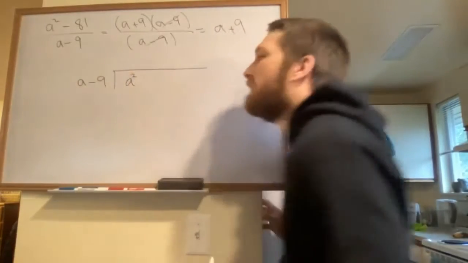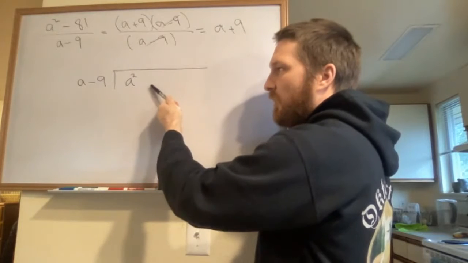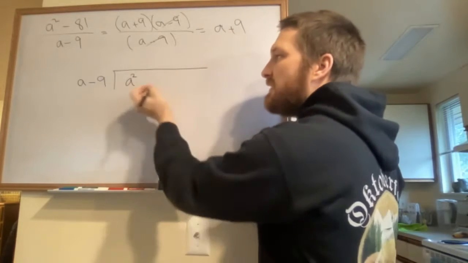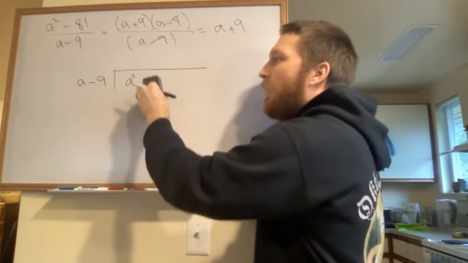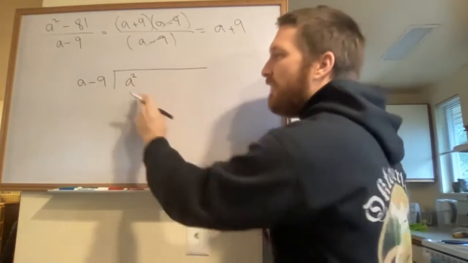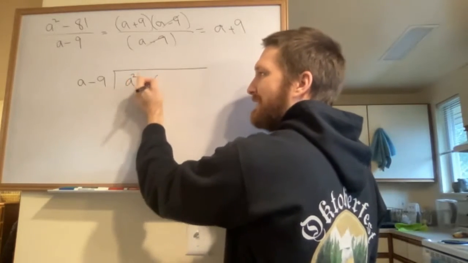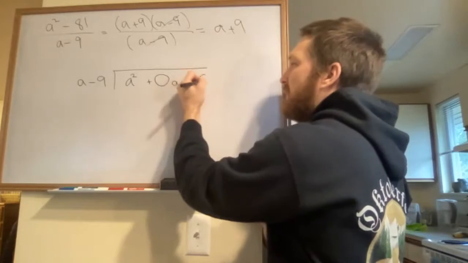Problem is, we have to account for all the things that aren't there. So instead of just writing minus 81 right here, I want to account for the fact that there's not an a term. So I'm going to write plus 0a and then minus 81.